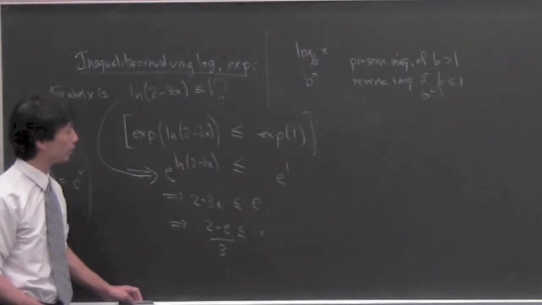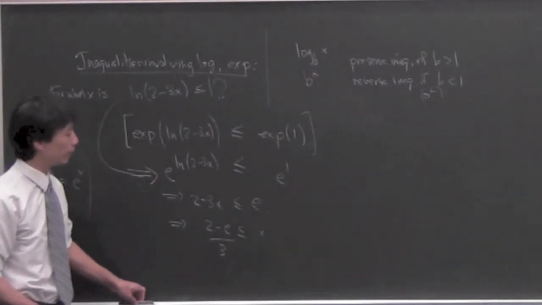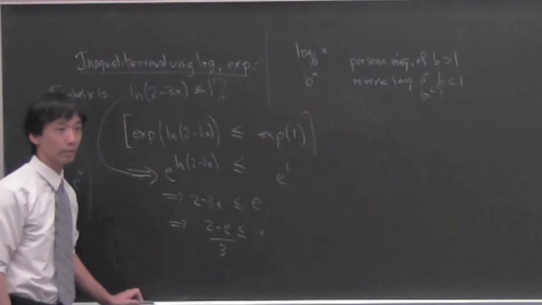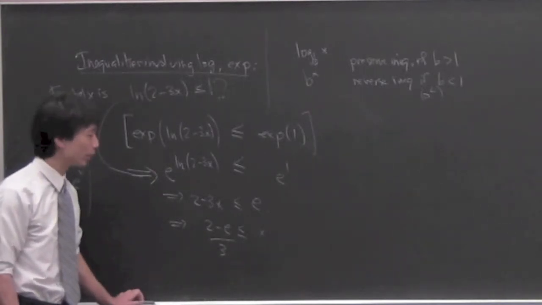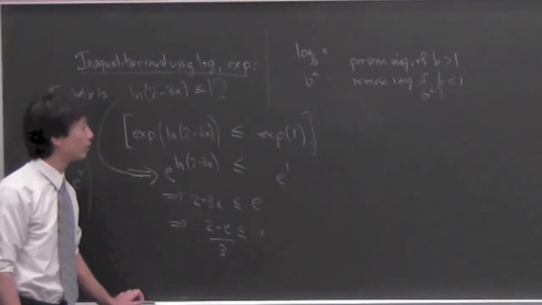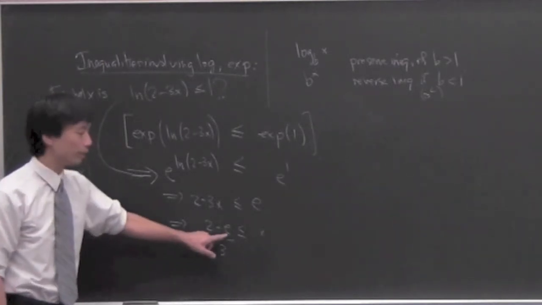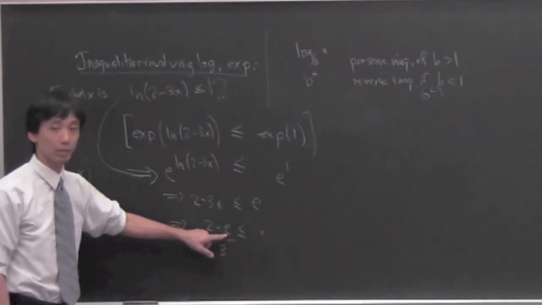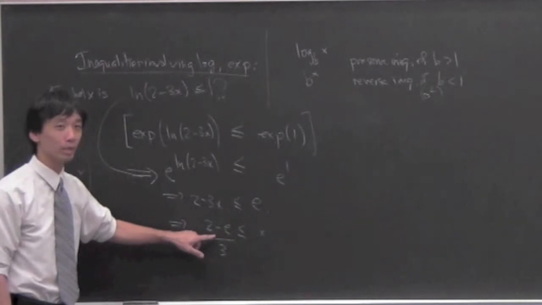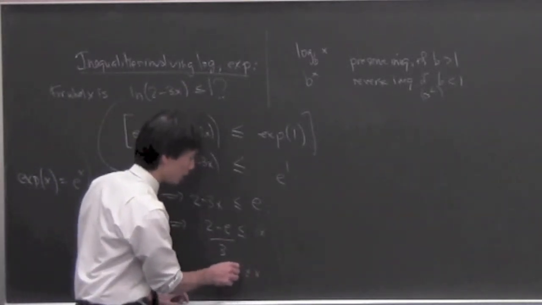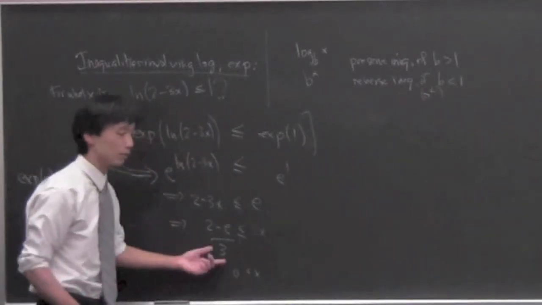But you notice that, is there anything bad about that? x must be greater than or equal to (2 minus e) over 3. That's negative, right? e is bigger than 2, so we've got a negative number here. So really, this doesn't make any sense. All it says is that x should be greater than 0.